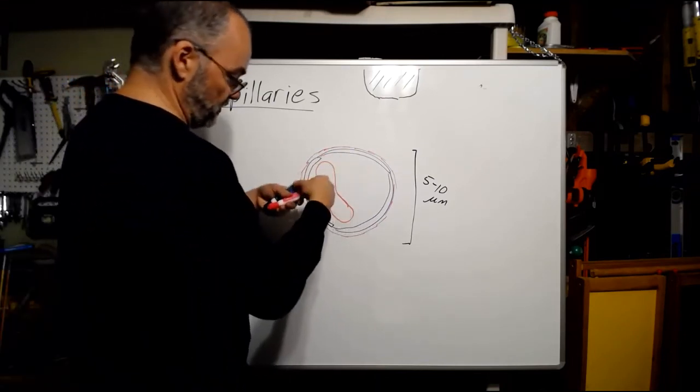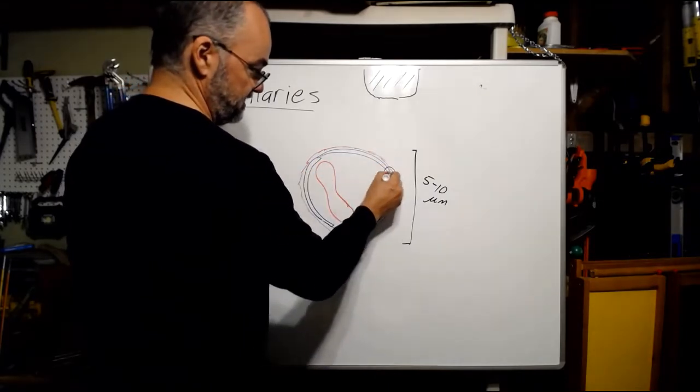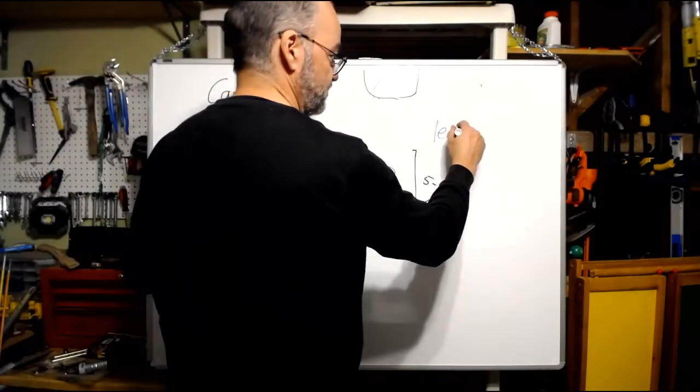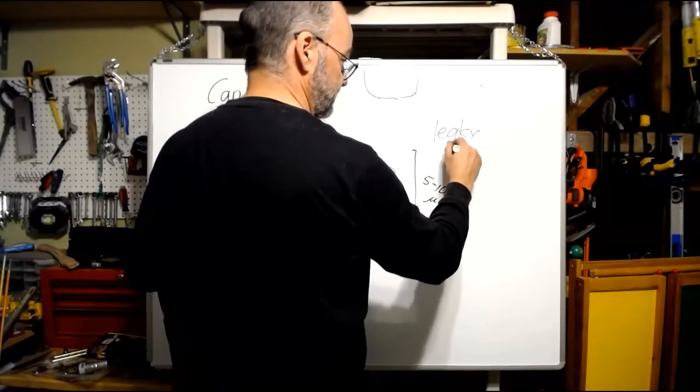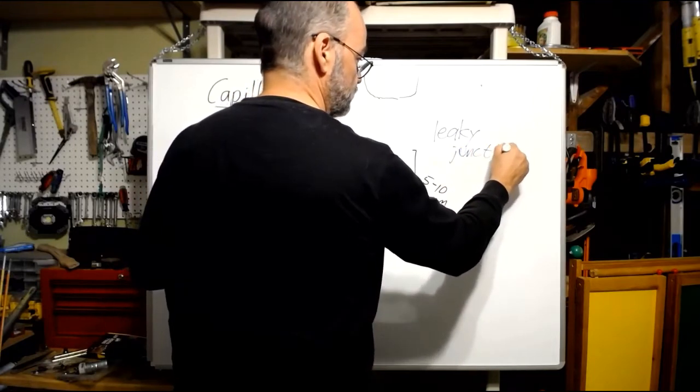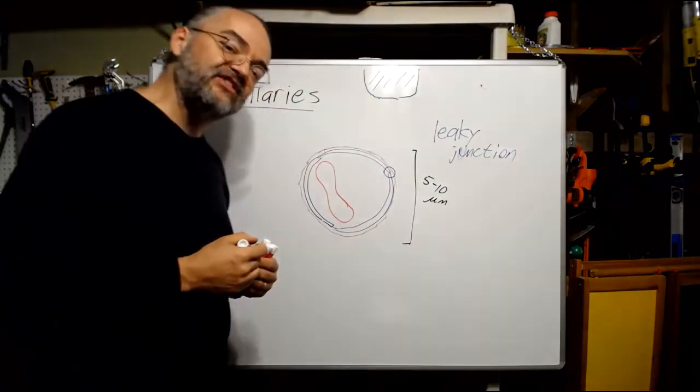So one thing that we should pay attention to is here where these endothelial cells join. These, in most capillaries, join in what we sometimes call a leaky junction.